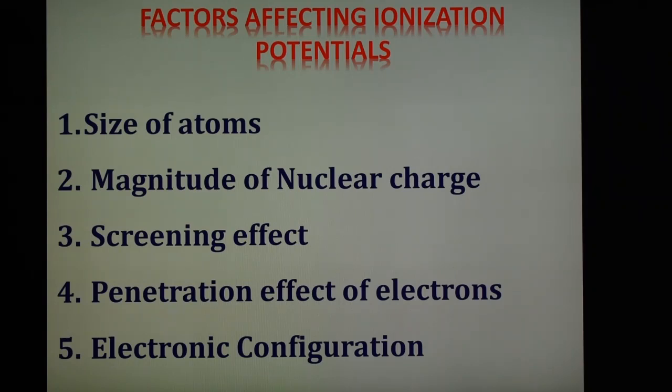And third is the screening effect. Already we have seen what the screening effect is. As we know, a valence electron in a multi-electron atom experiences an attractive force from the nucleus and a repulsive force from the inner electrons.